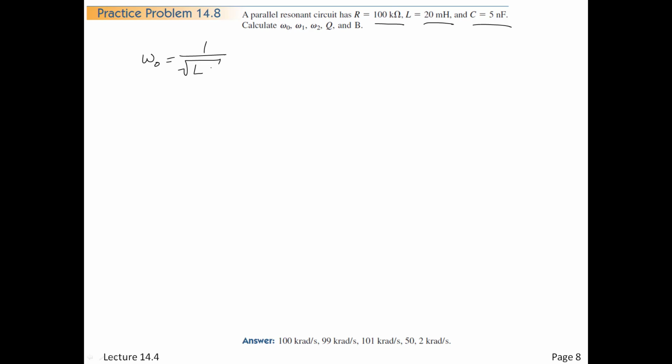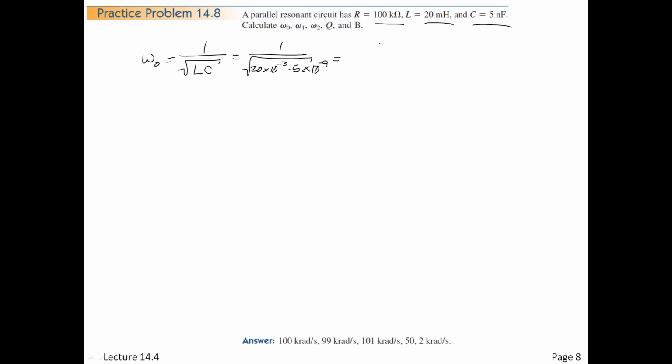The center frequency is this, so we might as well put in our L, which is 20 times 10 to the minus third, times C, which is 5 times 10 to the minus ninth.